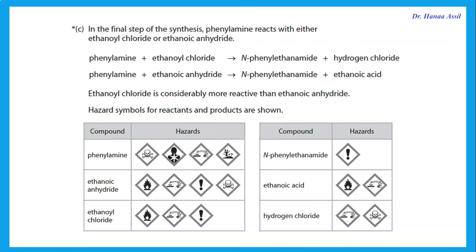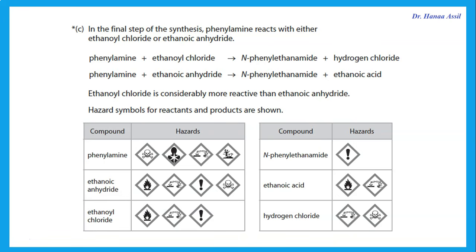In the final step of the synthesis, phenylamine reacts with either ethanoyl chloride or ethanoic anhydride. And we're given the two equations. Ethanoyl chloride is more reactive, and we should know that acyl chlorides are much more reactive than carboxylic acids, and we're told than ethanoic anhydride.